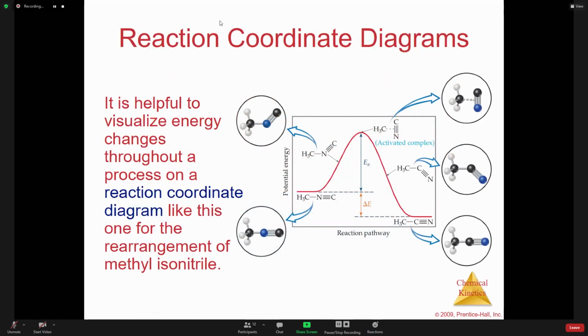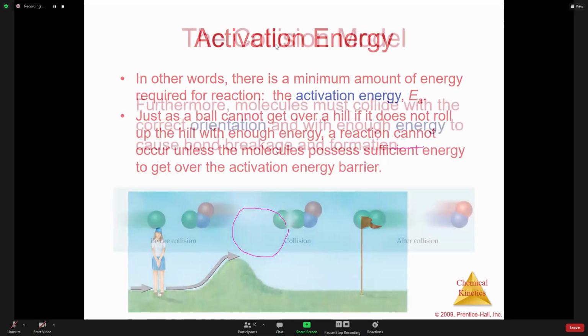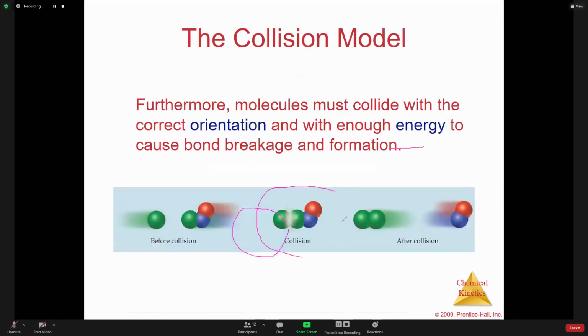So when we are thinking about this, think about energy. Here, your potential energy is the energy this little guy comes in with. It's got a triple bond, some single bonds. It needs to get over this hump to be able to make the activated complex. It's very unstable, not a reactant, not a product. This thing right here would be your activated complex.